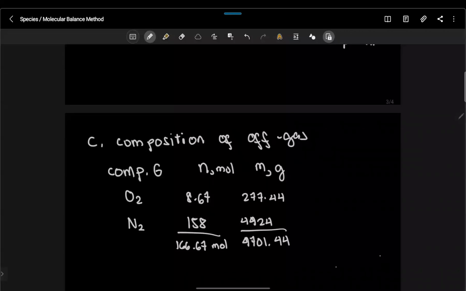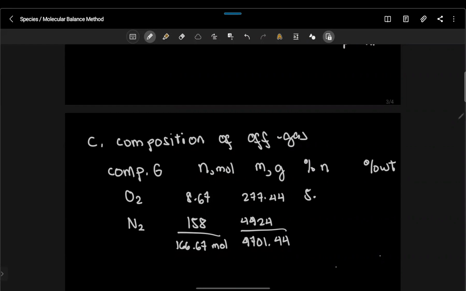Okay, so therefore percent by moles tsaka percent by mass, malalaman na natin. So percent by mole is yung 8.67 kay oxygen divided by the total. So ganoon din gagawin kay nitrogen. By weight naman, you will use yung grams. So doing that, you will get 5.20% for oxygen and 94.8% for nitrogen.